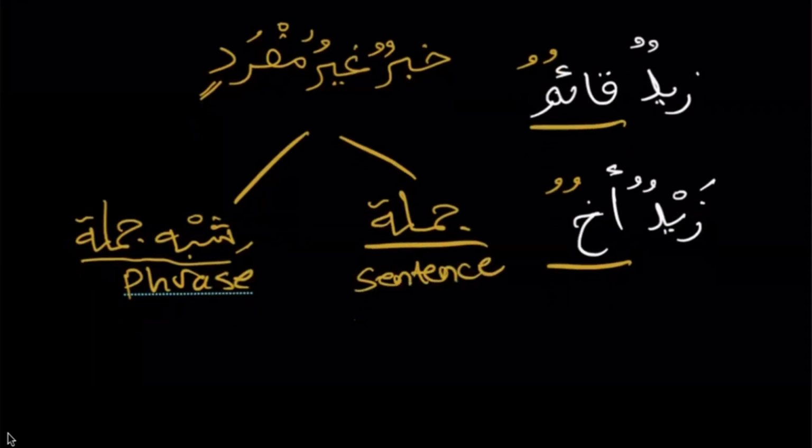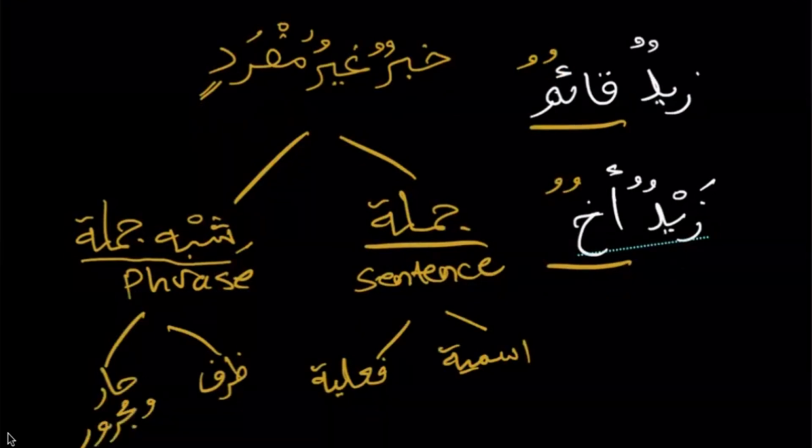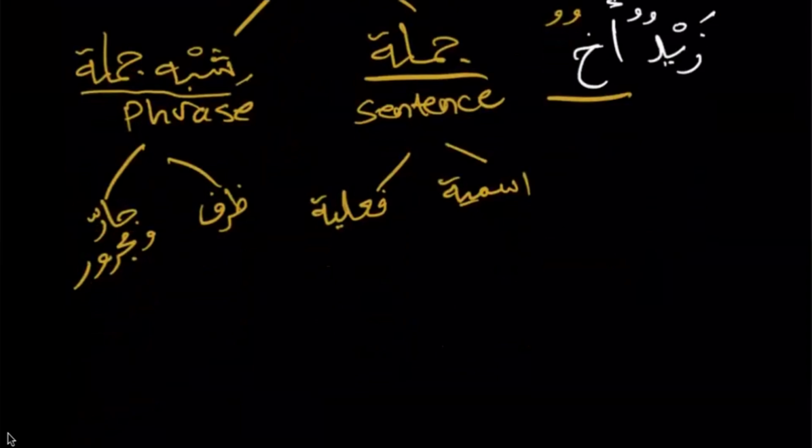The jumla is going to be what? Ismiya or fi'liya. And shibh jumla is going to be what? Zarf or jar wa majrur. And so an example of each one is like: Zaydun abuhu qa'im.